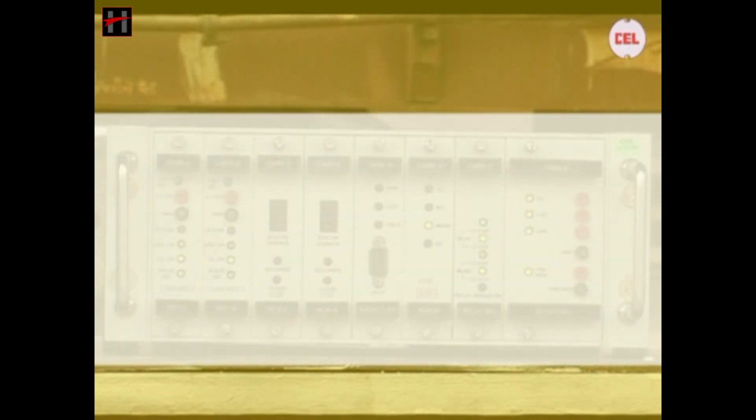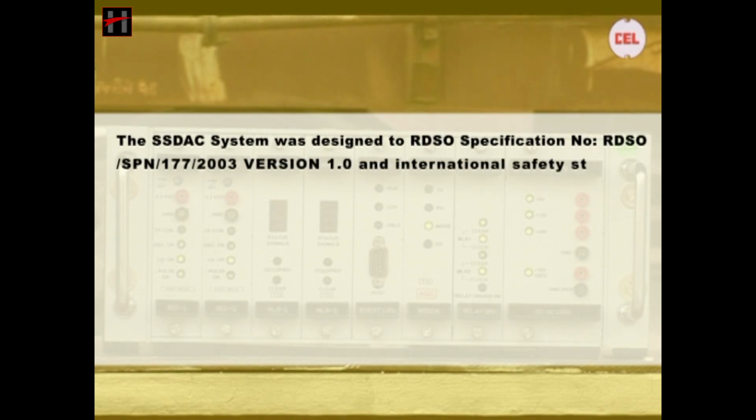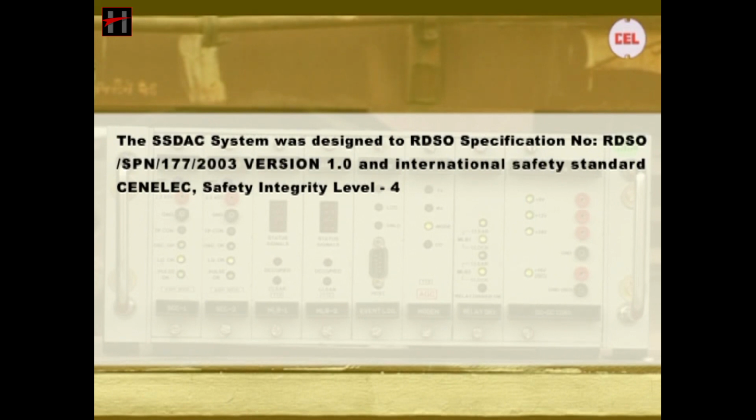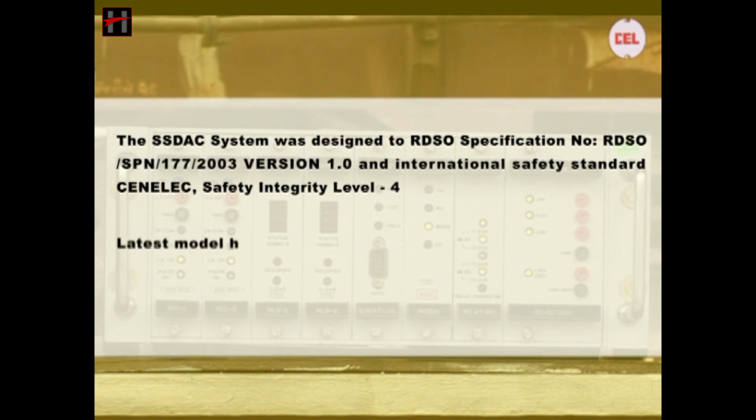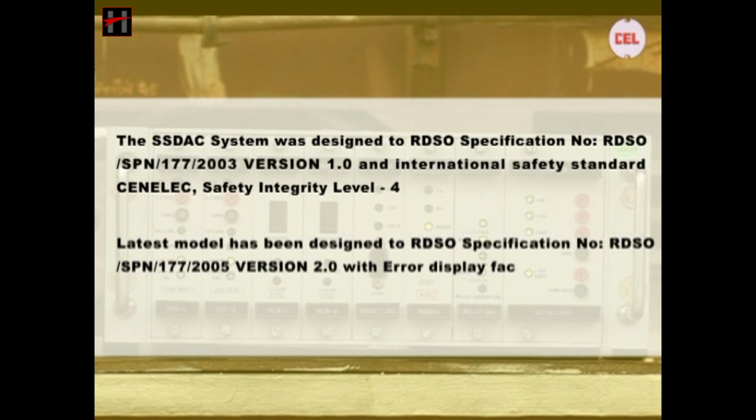The SSDAC system was designed to RDSO specification number RDSO SPN 177-2003 version 1 and International Safety Standard CENELEC Safety Integrity Level 4. The latest model has been designed to RDSO specification number RDSO SPN 177-2005 version 2.0 with error display facility in the reset box.